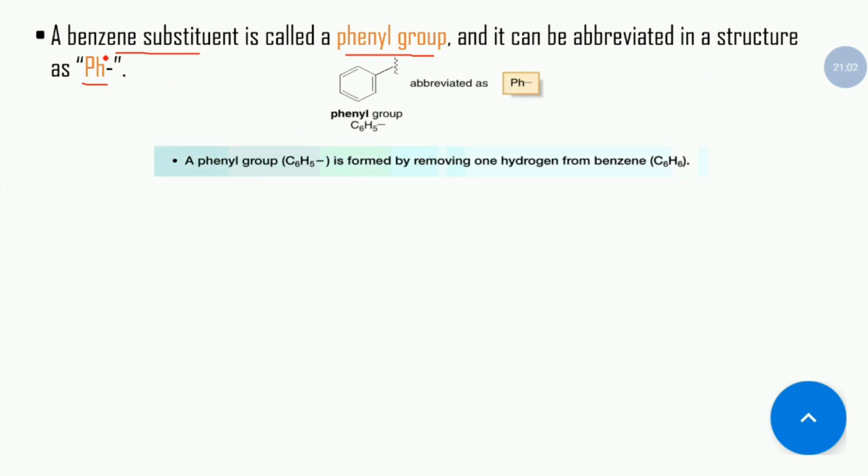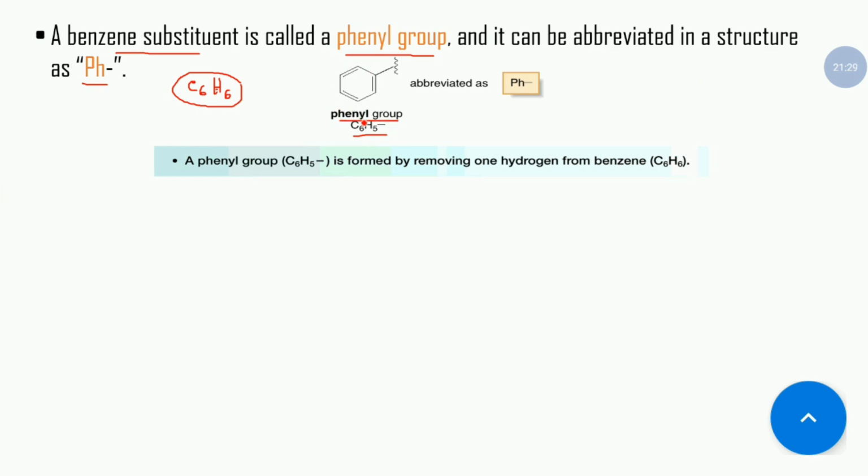We all know that benzene's molecular formula is C6H6. From this compound, from benzene, we can remove one hydrogen. If we remove one hydrogen, it becomes C6H5. So this one is called a phenyl group.